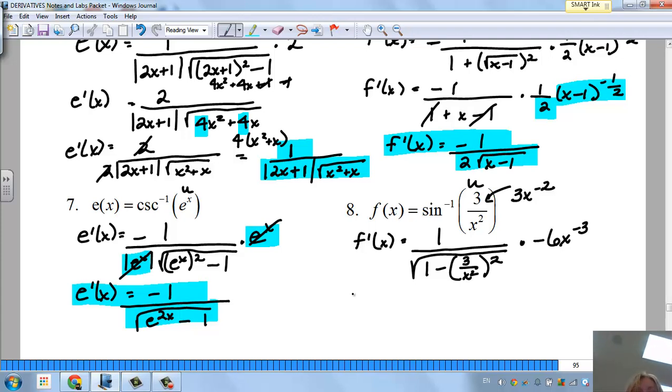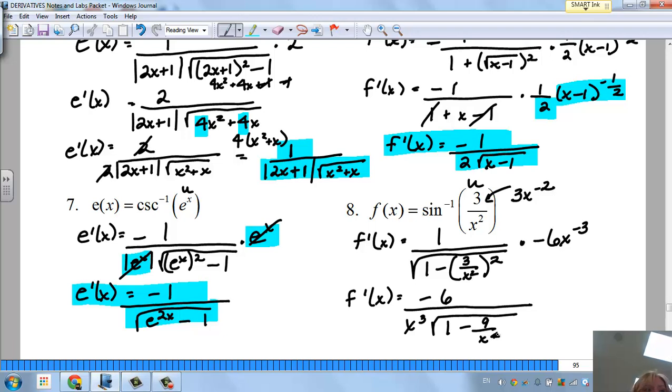And I look at it, so I have f prime of x is going to be a negative 6 here on the top. The x to the negative 3 can go to the denominator. And then this I can write as 1 minus 9 over x to the 4th.